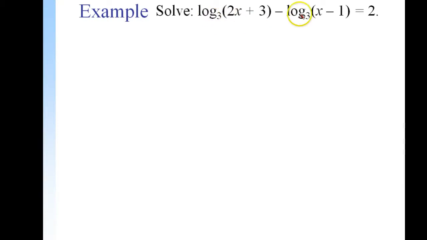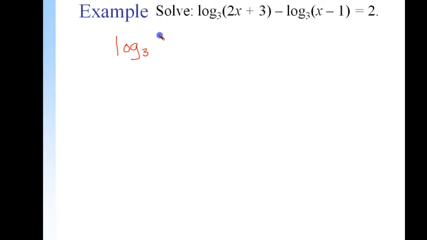Here we have a logarithmic equation, and we're going to convert it to its exponential form. So this becomes log base 3 now. And since this is a negative, we're going to divide.